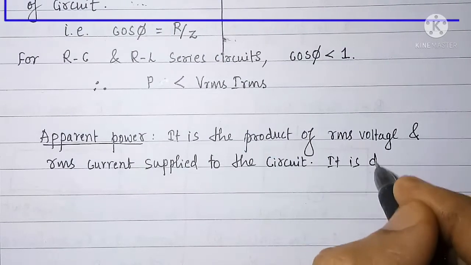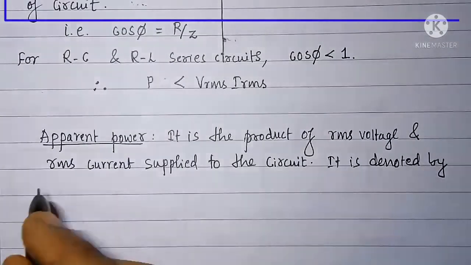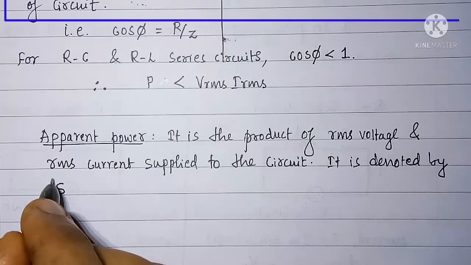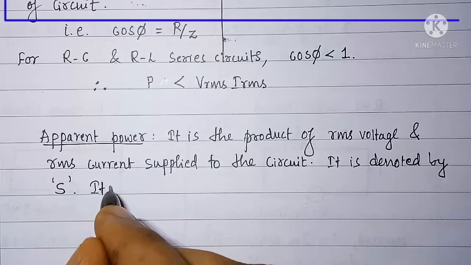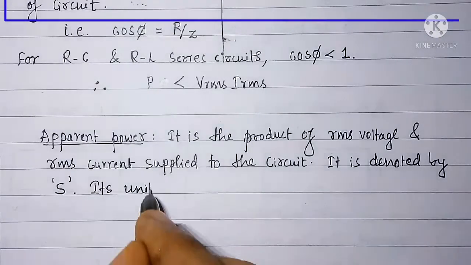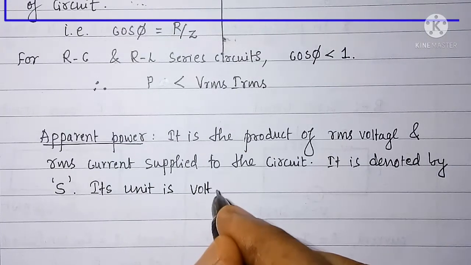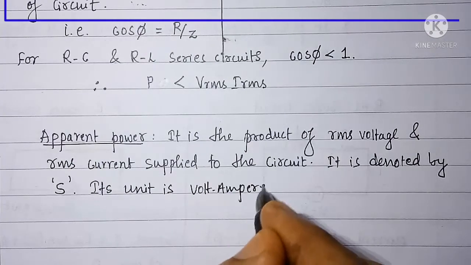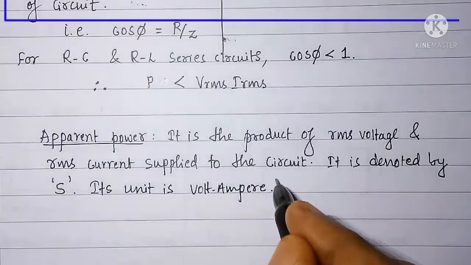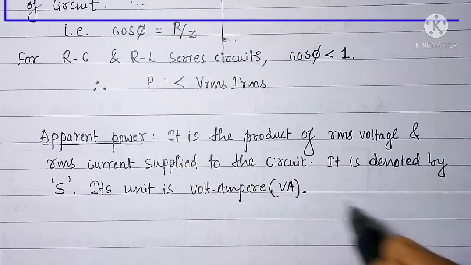It is denoted by capital S. Its unit is volt ampere, or in short VA.